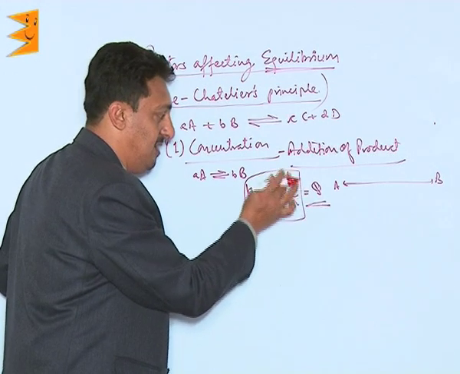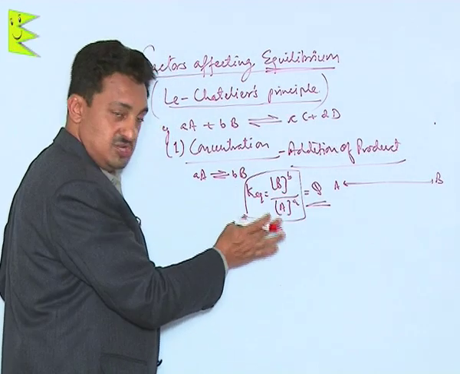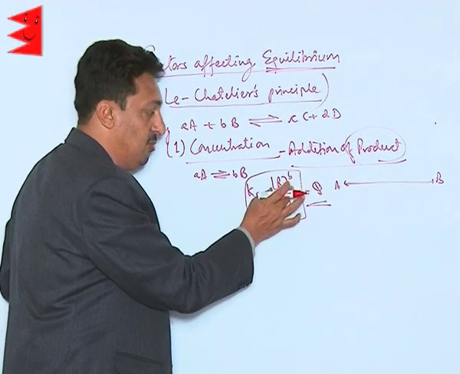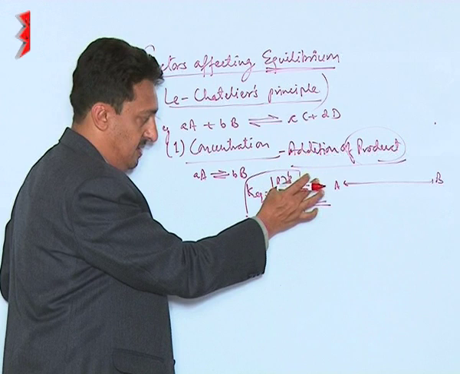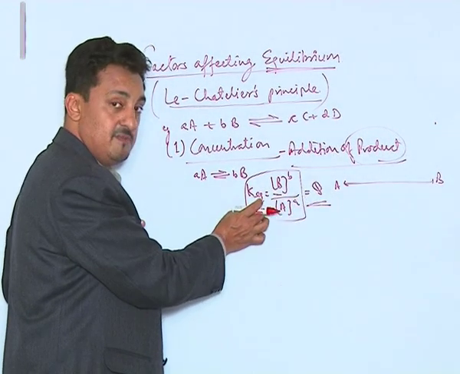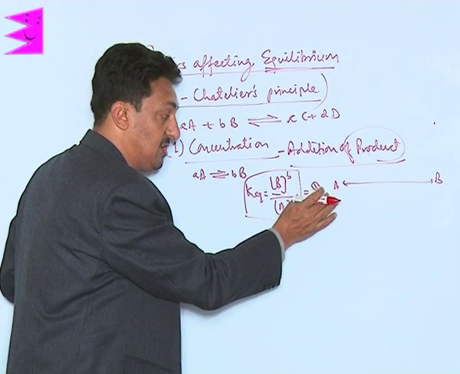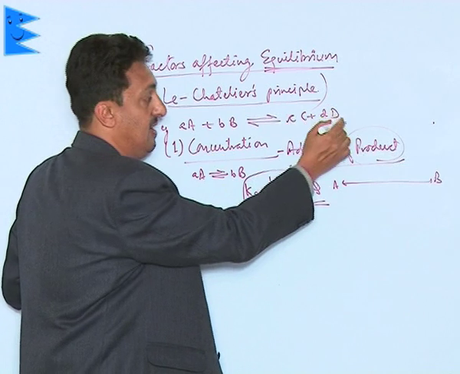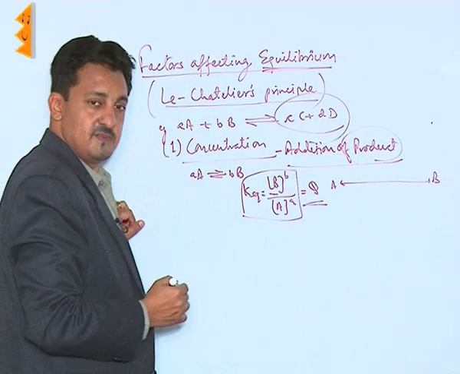Now, since B is more in the reaction mixture because we have added the product B, the numerator value is much bigger, which will make this Q value much larger, higher than this K equilibrium. And we know that when the value of Q is greater than the value of K equilibrium, it is more towards the product side.